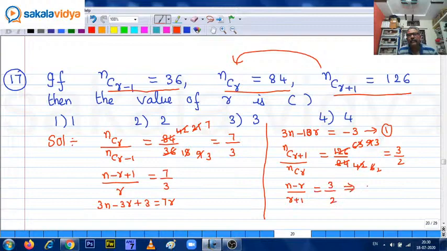By cross multiplication, 2n minus 2r equal to 3r plus 3. This is 2n minus 5r equal to 3, equation 2. Solving 1 and 2, we will get the answer.